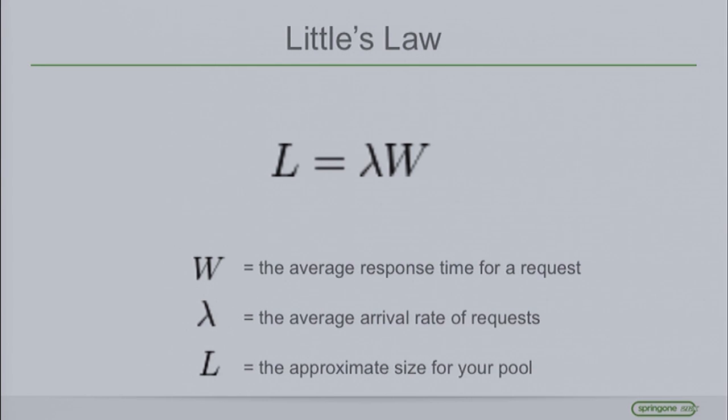One thing is, this would have to mean that you have a fairly constant number of threads coming in, right? If you have a very spiky application, this isn't really going to apply. But if you do have a fairly constant number, this is something that can be used to help you tune your thread pools.